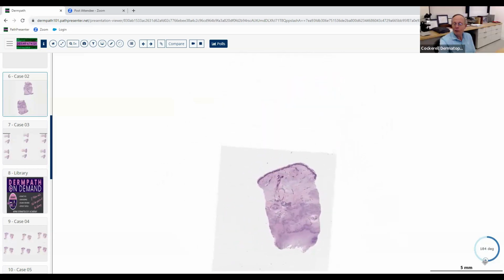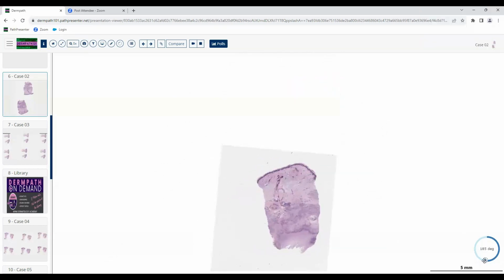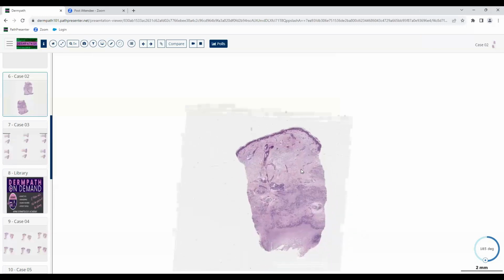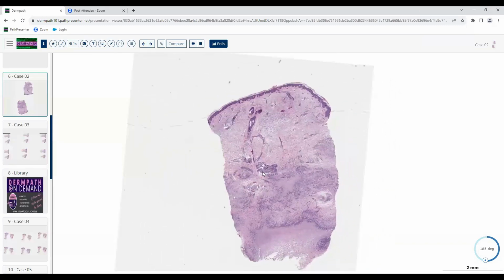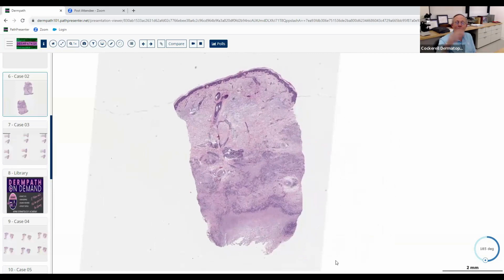It looks like it's a punch biopsy. There's inflammatory infiltrate deeper in the dermis. It almost has this purplish color from the scanning.